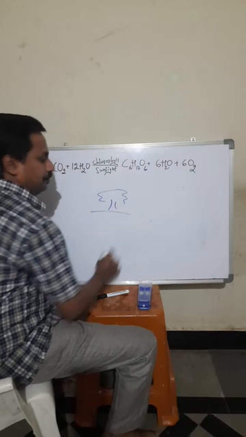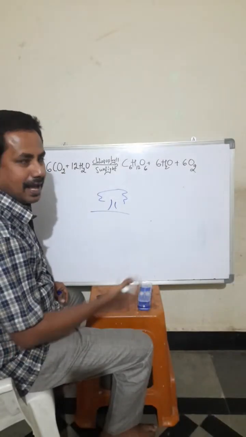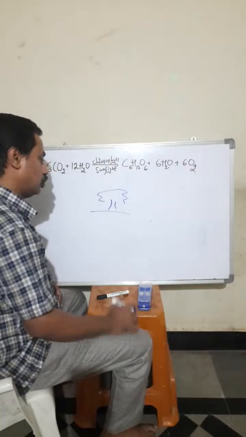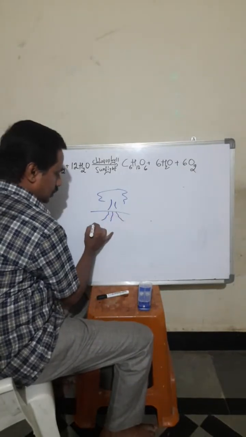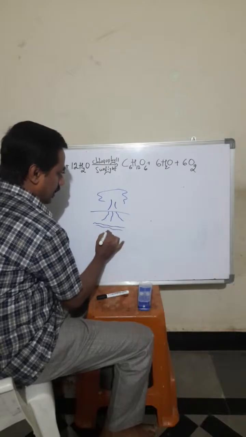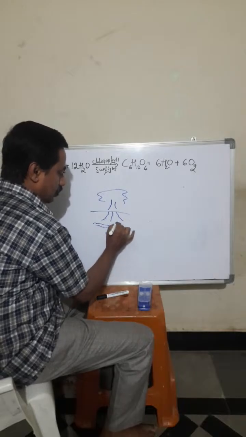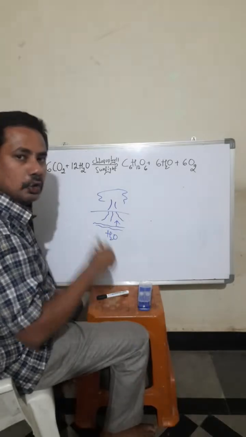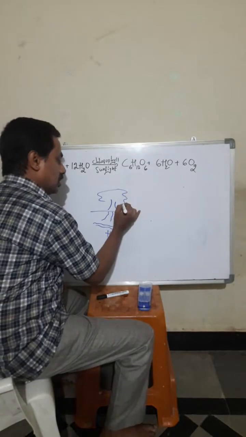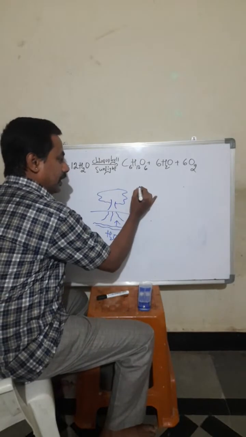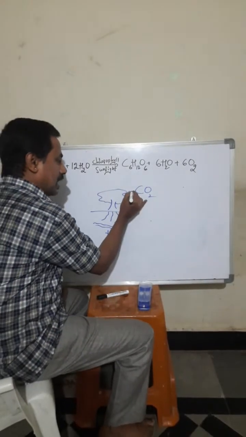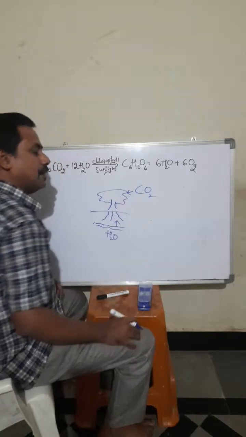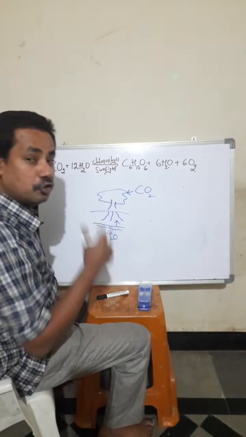Plants and trees, green plants, are called autotrophs. They have roots, and the water is absorbed by the roots. In the atmosphere, carbon dioxide is there, and that carbon dioxide is also absorbed by the plants during photosynthesis.